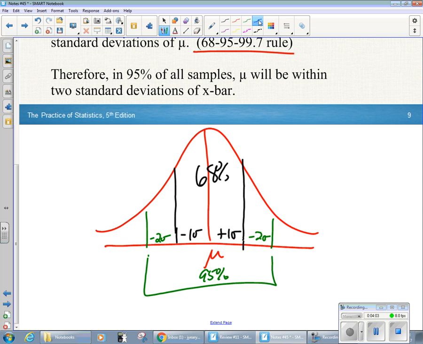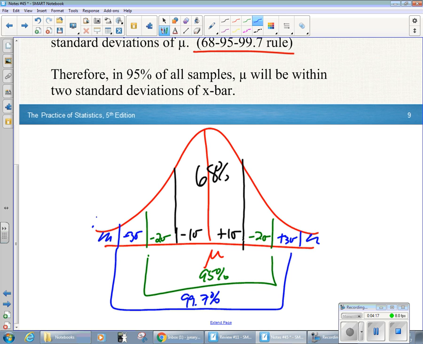If you went a 3rd standard deviation, this would be 99.7% of the distribution. So that would leave a little bit on the end of each tail that's unaccounted for. That would be 0.015 and 0.015.